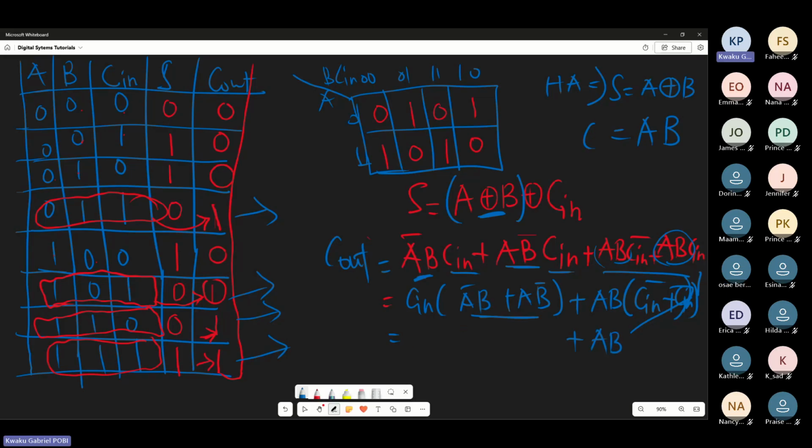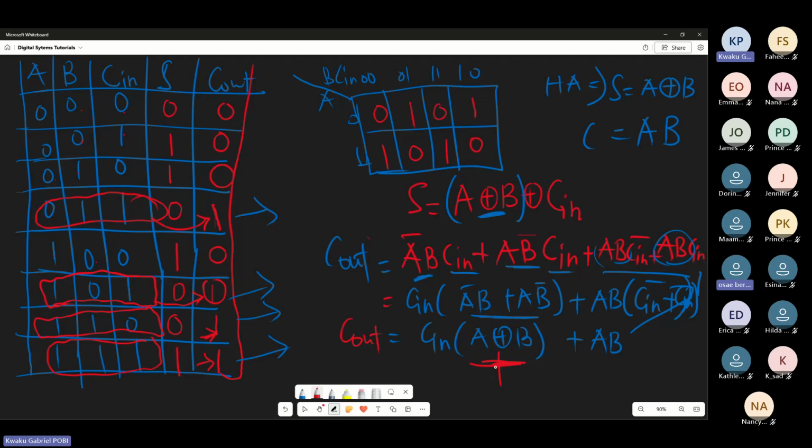And then this part, when you have A bar B or A B bar, that expression is A XOR B. And then you have C in multiplying it. So the carry out is seen as C in into A XOR B, plus AB. Now, when you look at this carefully, this can be received from a half adder.